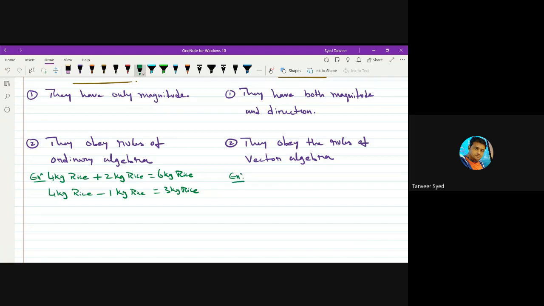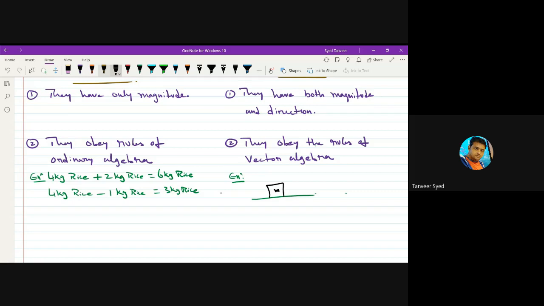I'll take the example of a force. Force is a vector quantity. Let us say I have a body of some mass, and on this body I am applying a force of say 10 Newton in this direction.